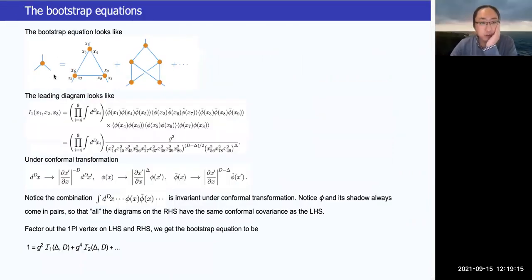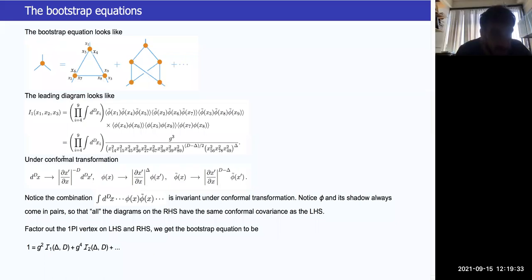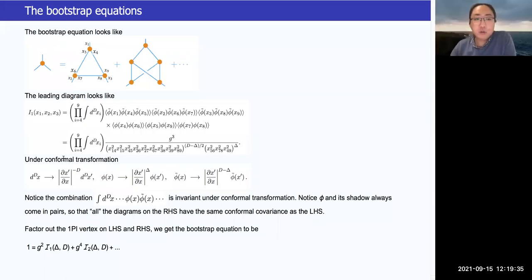So let's look at this diagram first. This leading diagram looks like this kind of integral with the integration at the points x4, x5. Notice these are really 1PI vertices, so these coordinates need to be integrated out. Phi tilde is the shadow field.